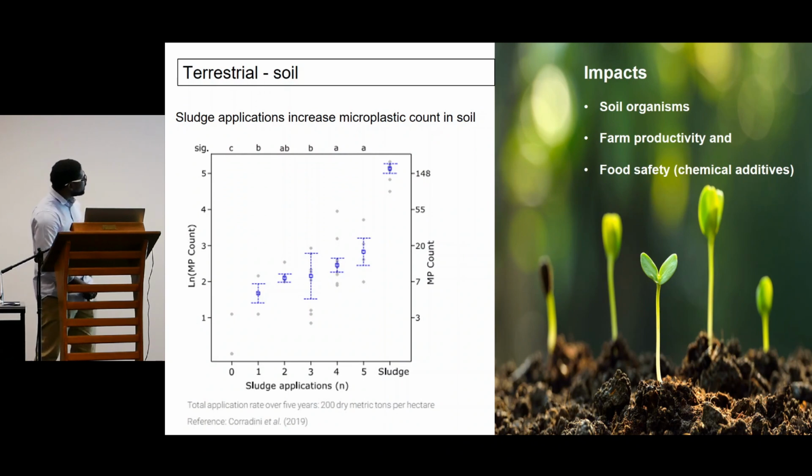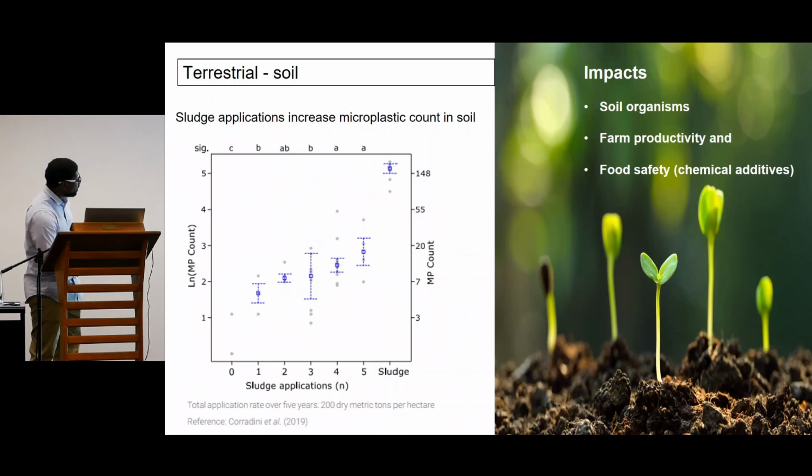So, although I mentioned that there is limited study in terms of how microplastics impact the soil, there are some studies that have looked into soil that has been receiving biosolids.